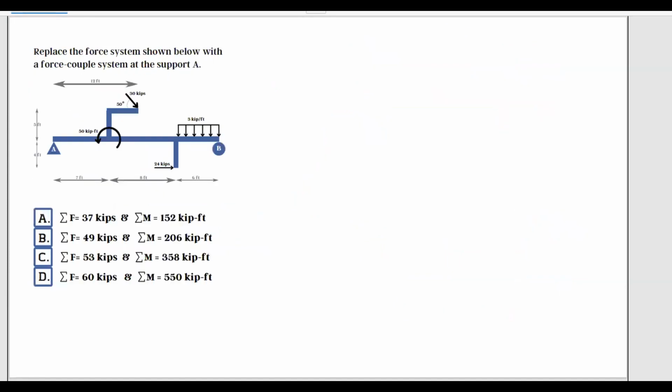Replace the force system shown below with a force-couple system at the support A. So first, what you're always going to do is sum of forces in the x direction. And make sure you do not set this to 0, because sum of forces is not 0 unless you have a force going this way, another force of 100 going that way.